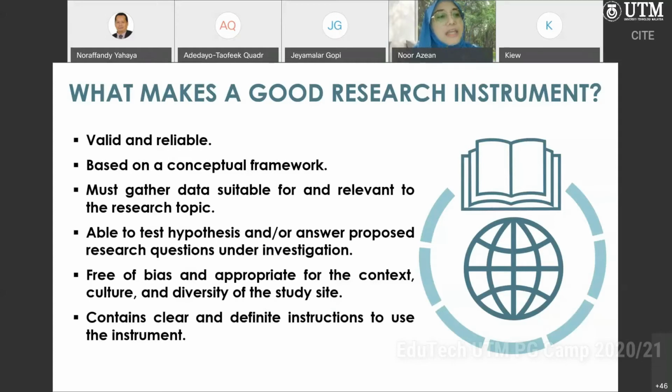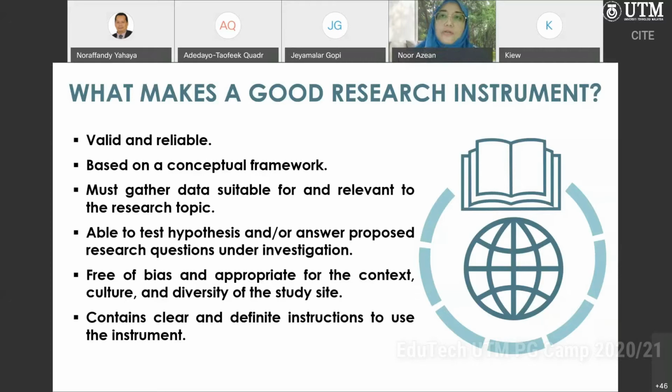But actually, we can come up with our own instrument, like in my research when I was doing my PhD in 2008. I came up with a rubric with questions about computer networks. This is the instrument that can help us answer our research question.